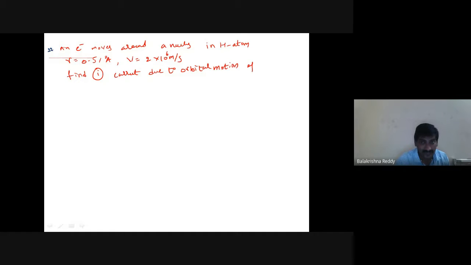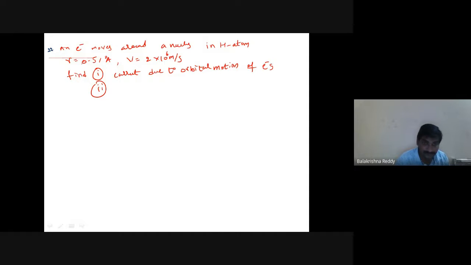Just now I told you, in the case of terrestrial magnetism, how a magnetic field is acquired by any material only because of the motion of the electron. So this is that evident numerical: the current due to orbital motion of an electron. If current produces, what? Magnetic field, perpendicular to that.